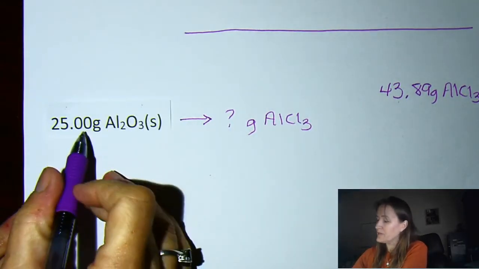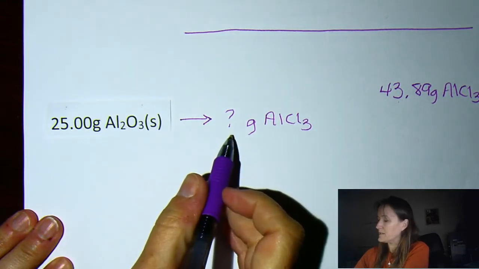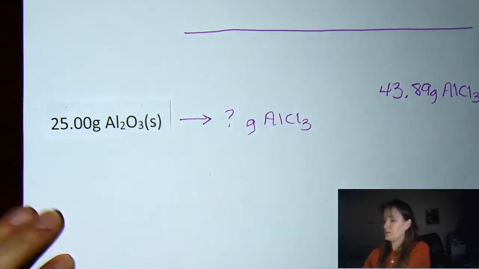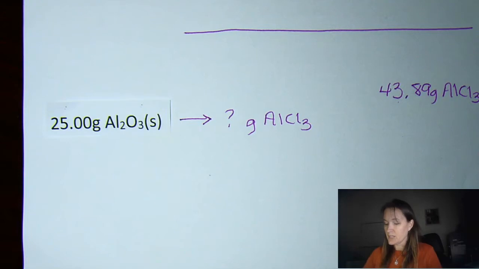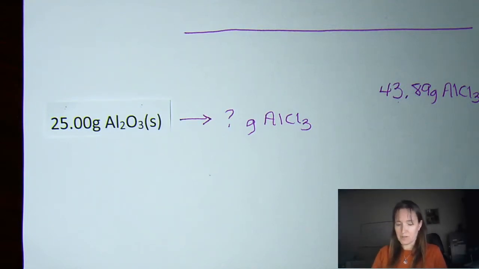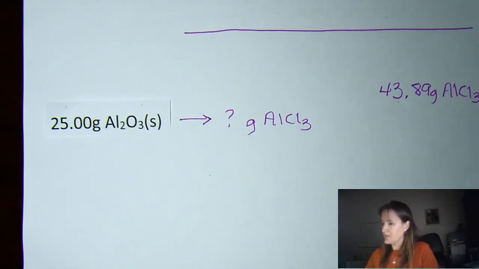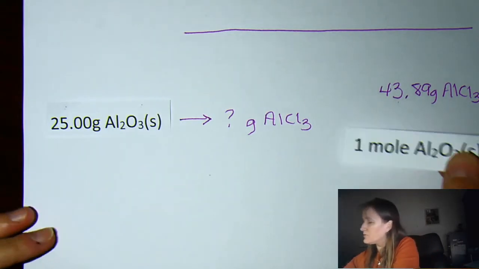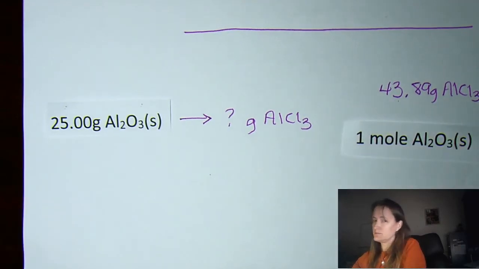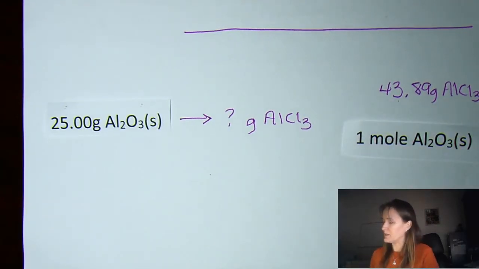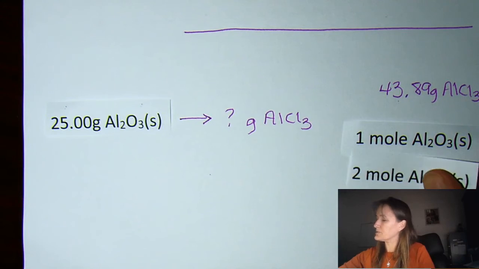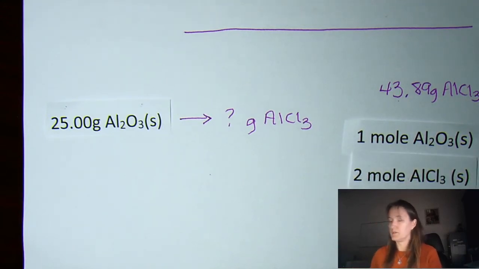So 25 grams of aluminum oxide can produce how much aluminum chloride? So once again, we've got to look at the ratio between these two substances. So we have 1 mole of aluminum oxide can produce 2 moles of aluminum chloride. That's going to be our stoichiometric ratio between those two substances.